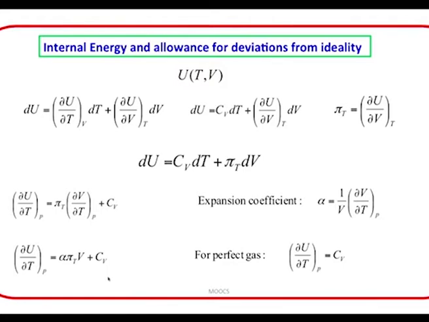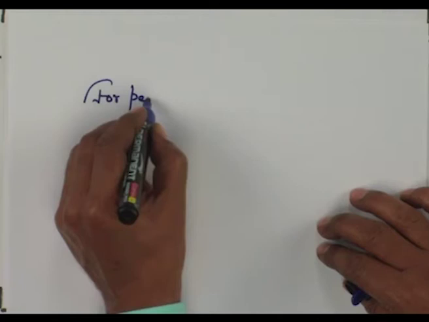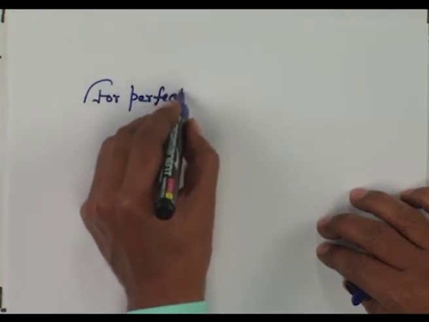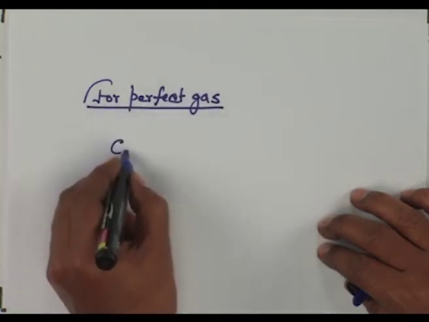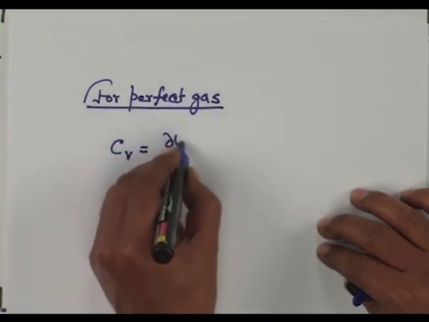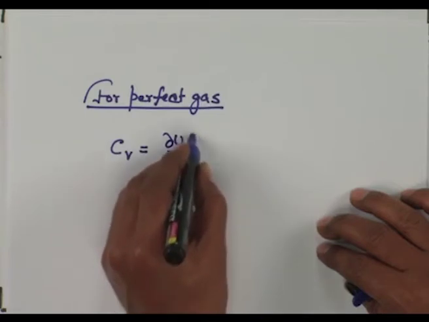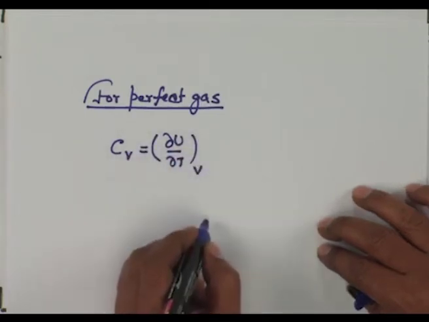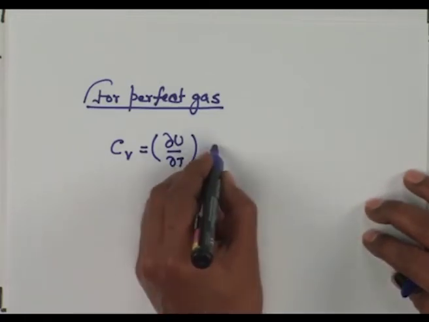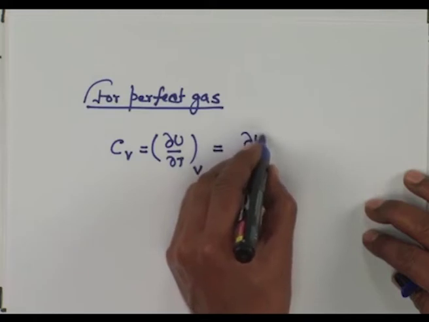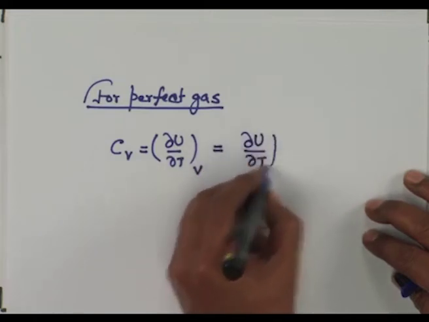So what we have come up with, that for an ideal gas, Cv is equal to the variation of internal energy with temperature at constant volume, and this is also equal to the variation of internal energy with temperature at constant pressure.